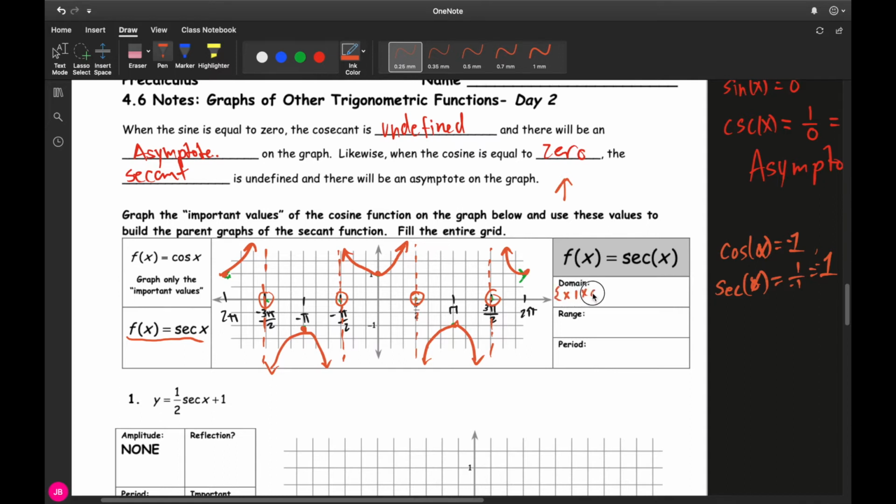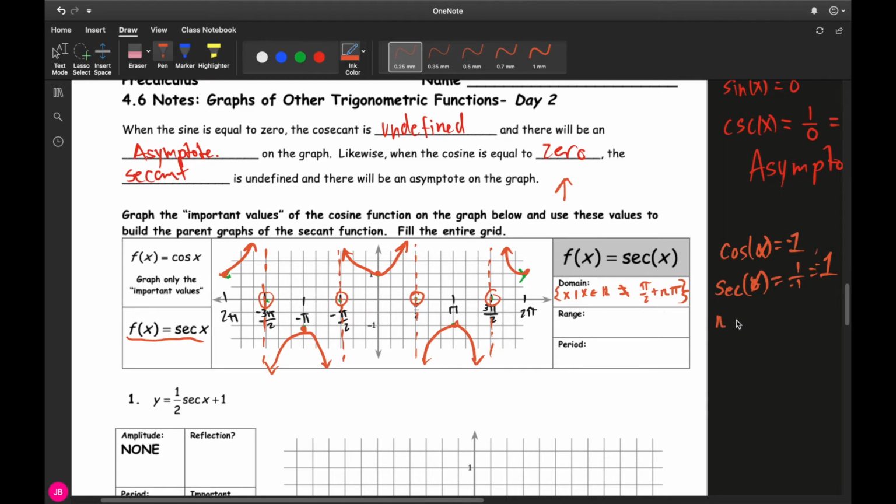x is a real number, not including pi over 2 plus n number of pi's, any integer times pi, so pi over 2 plus 2 pi plus 3 pi plus 1 pi plus -1 pi.